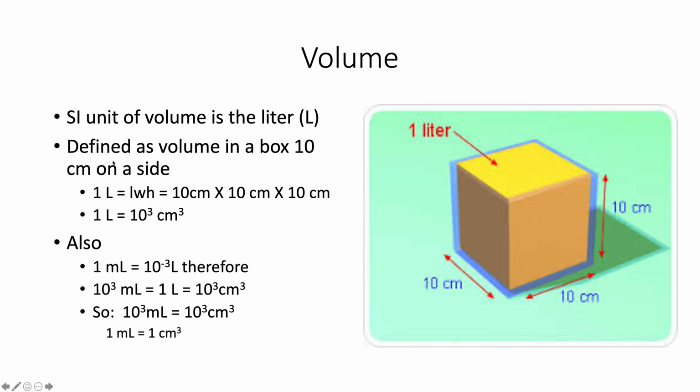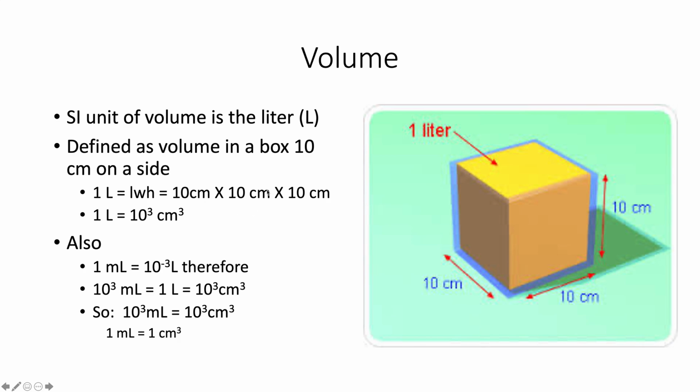Volume. The SI unit of volume is the liter. It's defined as the volume in a box that's 10 centimeters on the side, right? As far as volume formulas, I think knowing a rectangular solid is reasonable. Other ones I would give you, all right? So we know for a rectangular solid, this is by definition, the volume is length times width times height, which in this case is 10 times 10 times 10 centimeters. So 1 liter is 10 to the third centimeters cubed.